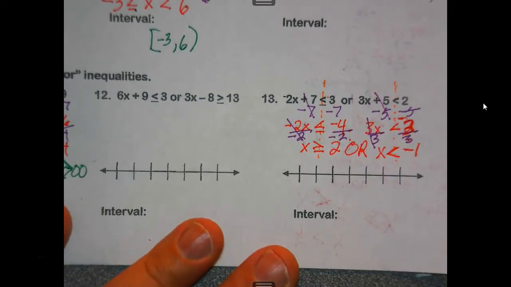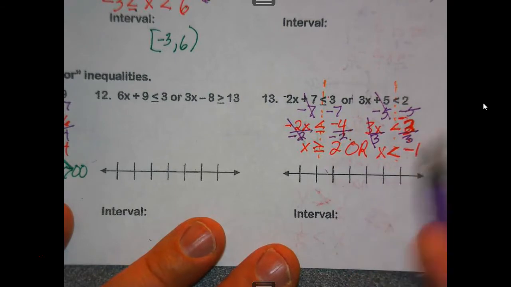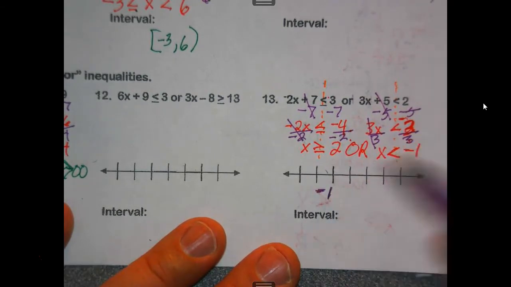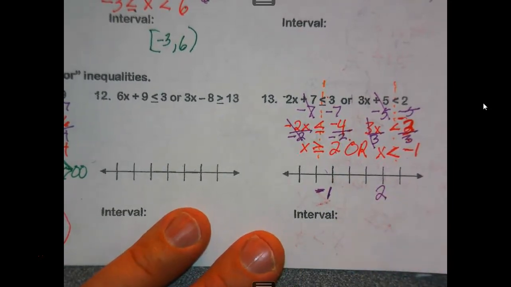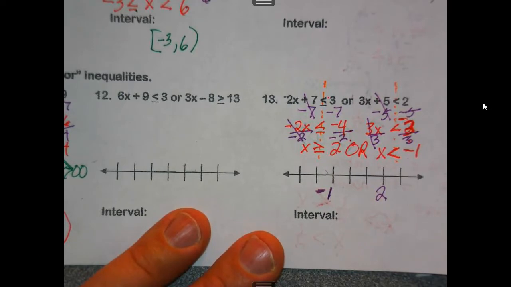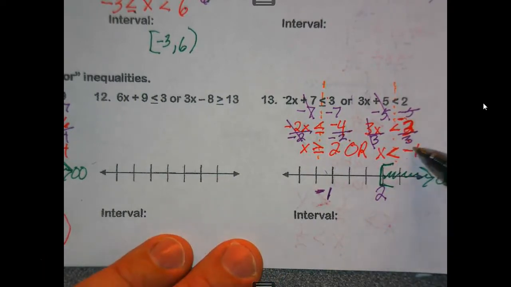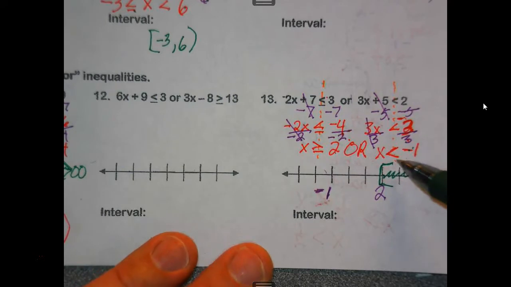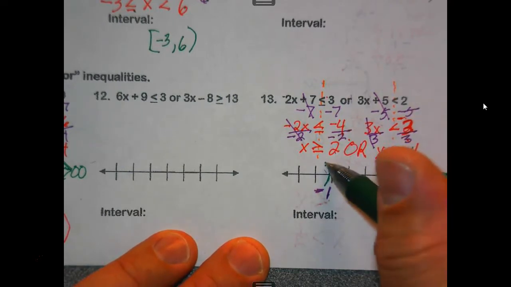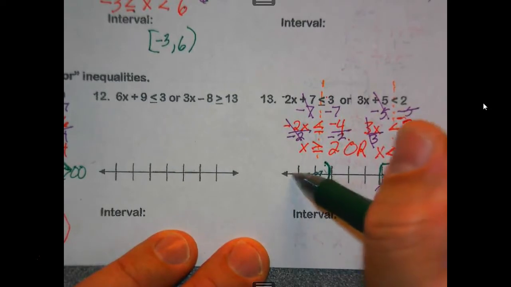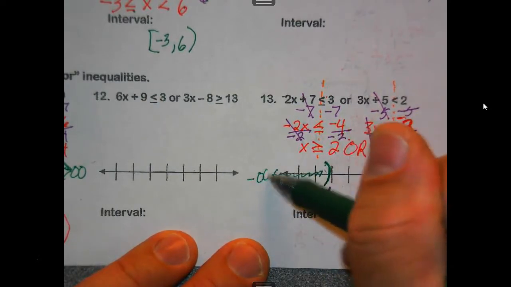Okay, let's graph this. My smaller number is what? Negative 1, so that goes on the left-hand side. My larger number is 2, so that goes on the right-hand side. My 2 has an equal sign. It's a bracket without the positive infinity. My negative 1 gets a parenthesis, no equal sign, and that's going to go out to negative infinity.